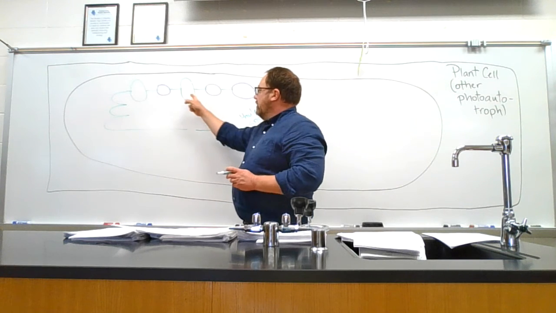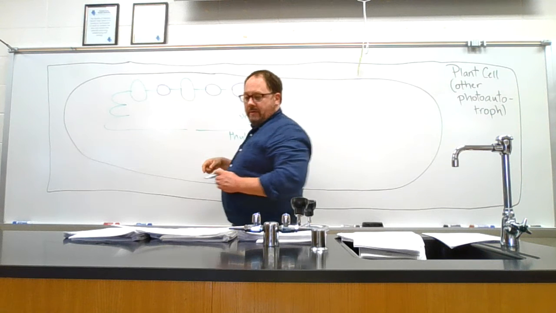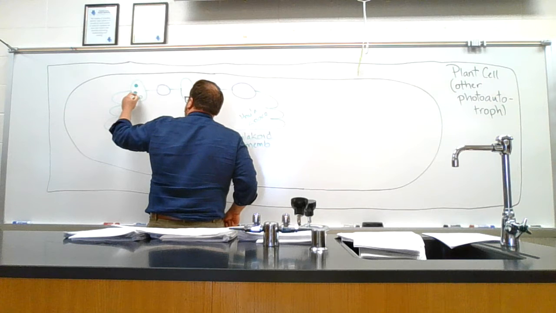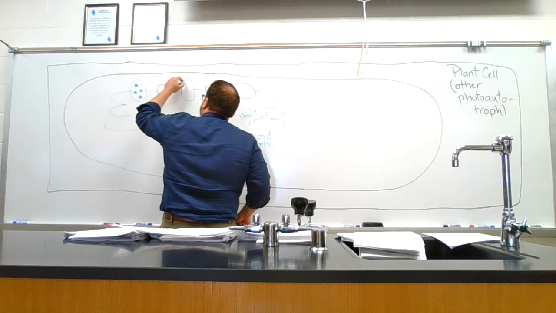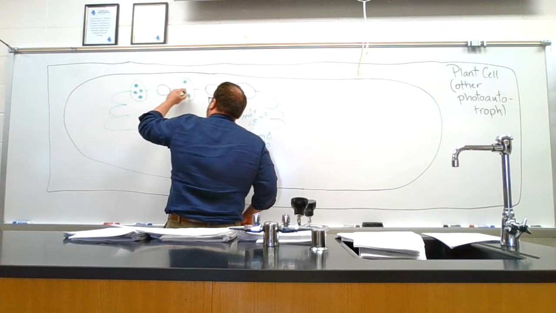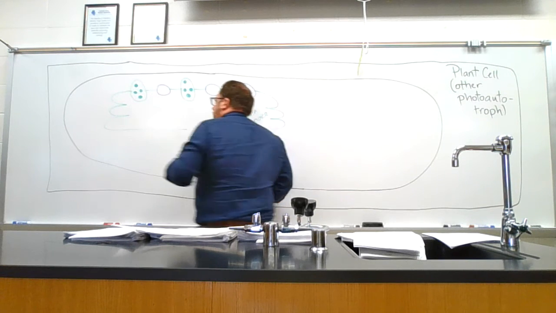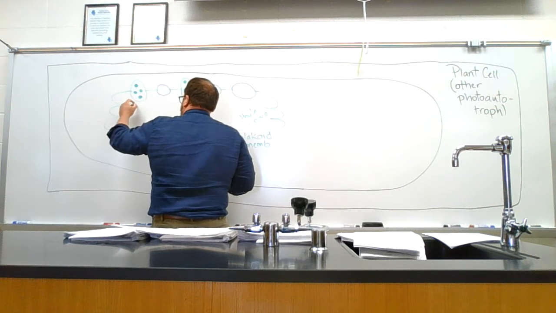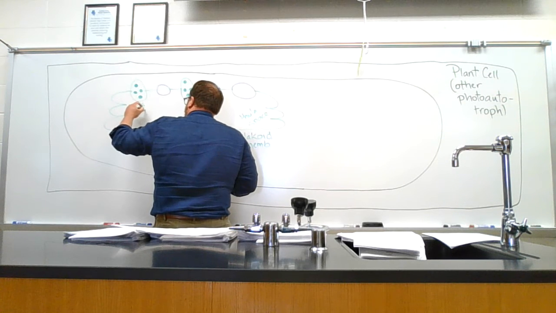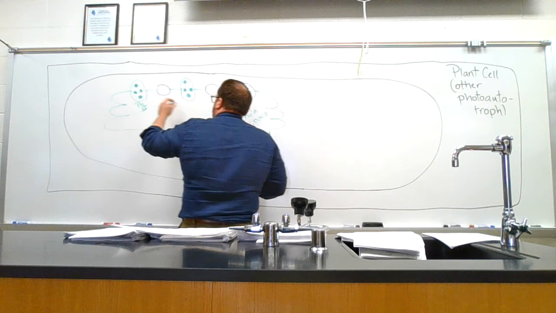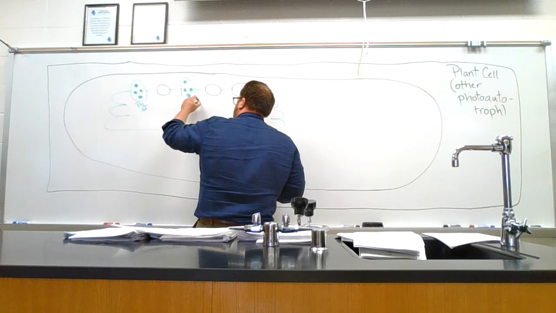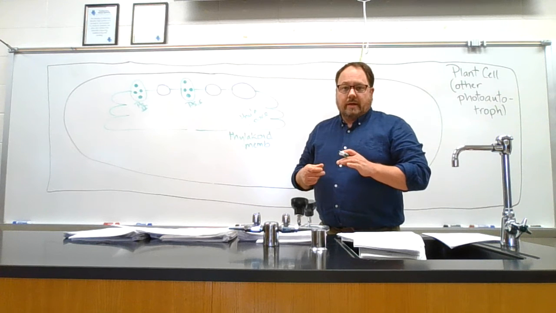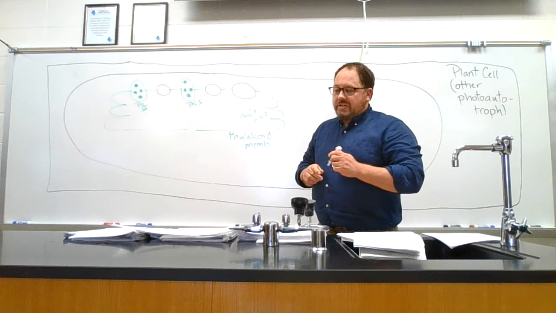The green structures that we have here, I'm going to fill those in with some dots. And these green structures represent the photosystems. Now, we have photosystem 2, PS2, Roman numeral 2. And then there's photosystem 1, we use PS, Roman numeral 1. Don't pay attention to the number in terms of sequence. Again, it's the order in which they were found.